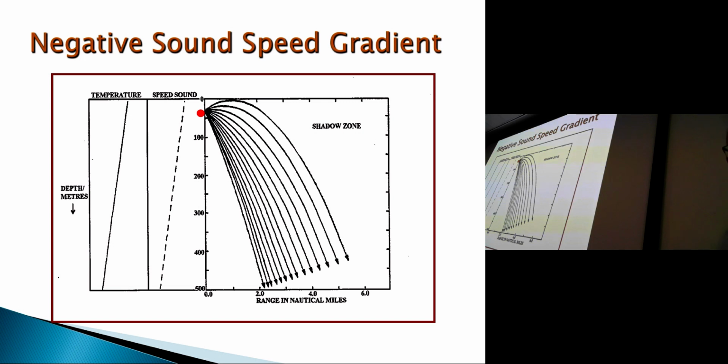So any transmissions are all trying to bend downwards, and this is where you end up with this thing called a shadow zone, which is what our Russian friends are trying to find by knowing all about the oceans. So when you've got a shadow zone like this, all the sound is being bent downwards, so you can't hear or see anything in this region here. And as the Russian admiral said, if he understands the oceans, he knows where to put his assets.